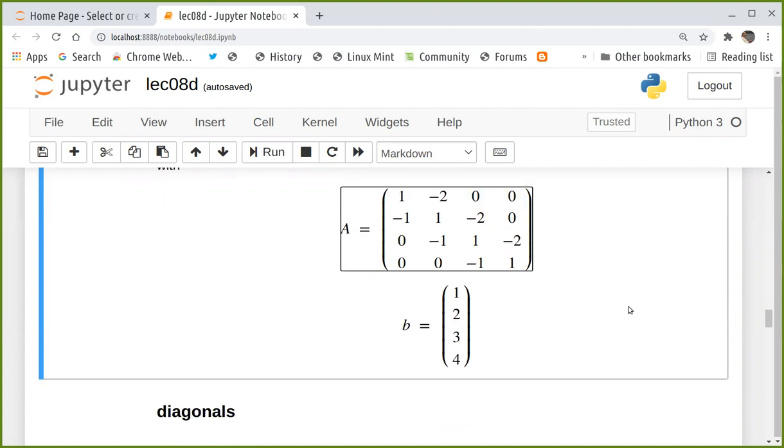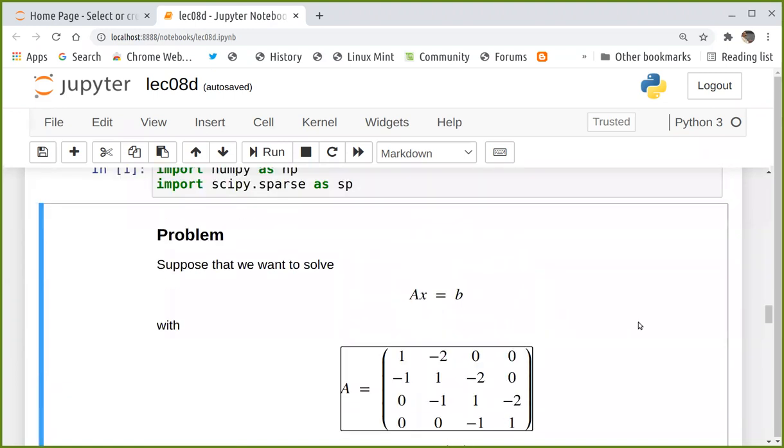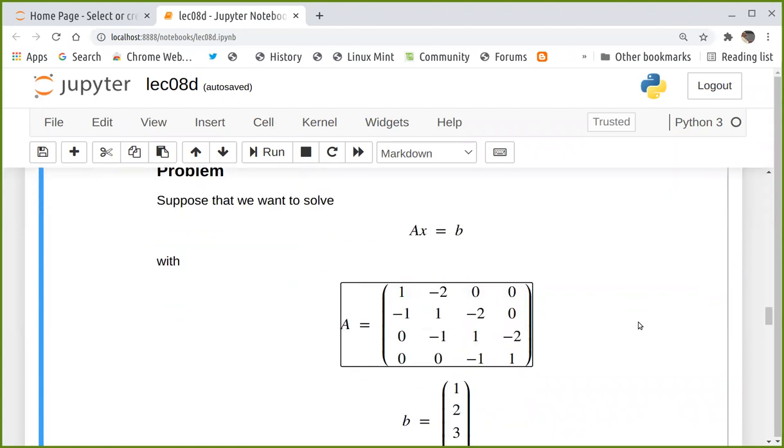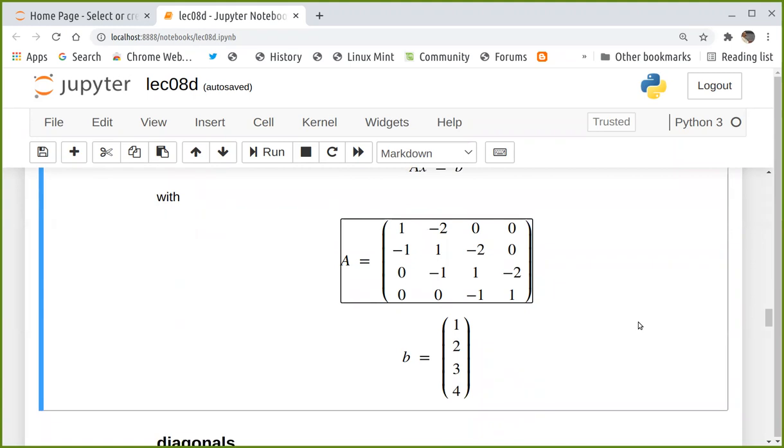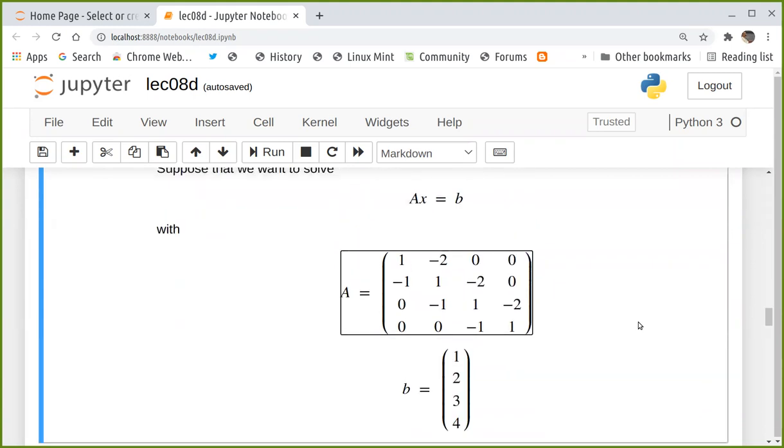So you're going to specify that I am storing a matrix which has these three diagonals, and I have a right-hand vector, this b, which is the column vector b = 1, 2, 3, 4.